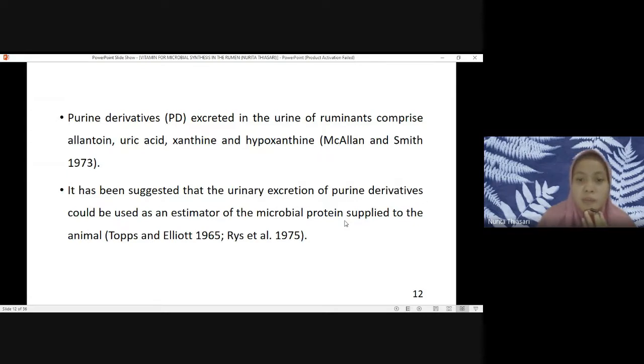So we add vitamin, it will increase the microbial protein, and then the microbial protein will be broken down, and the result is the purine derivative. It will be excreted in the urine. Could you understand my explanation?